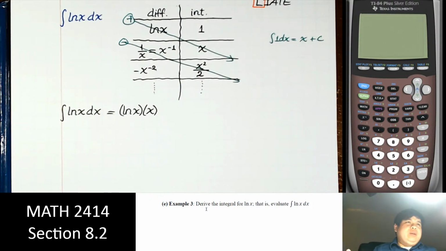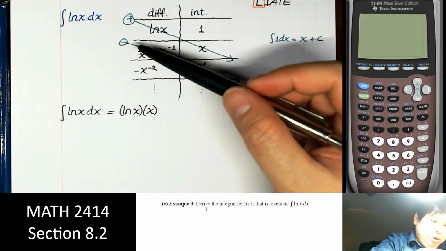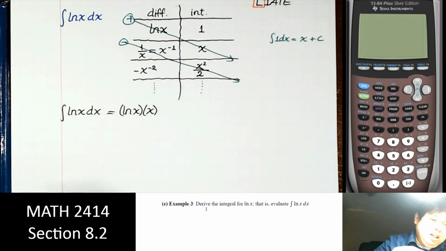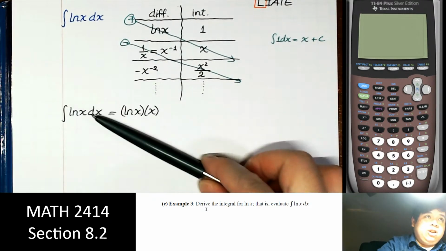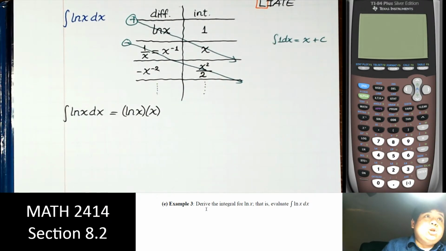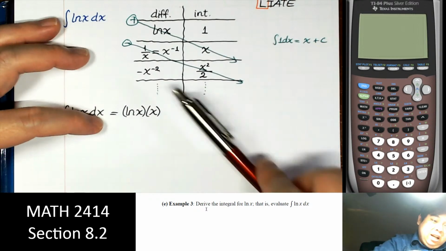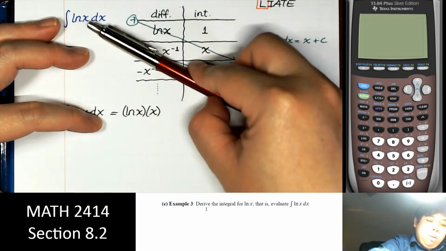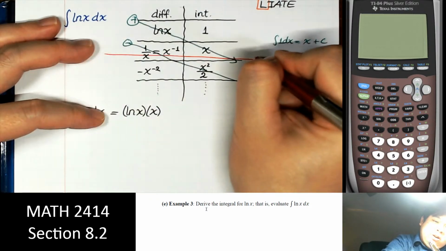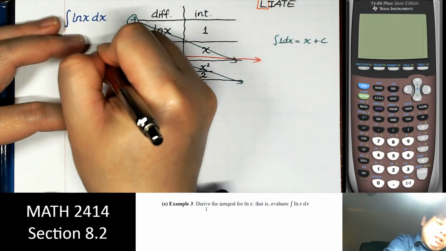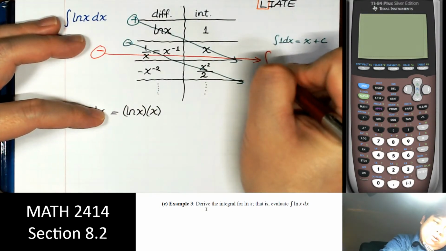But we cannot just keep doing that. If we keep doing that, we just do the diagonal non-stop. So instead of doing a whole bunch of diagonals, I just stop here on the second step and use the integral.